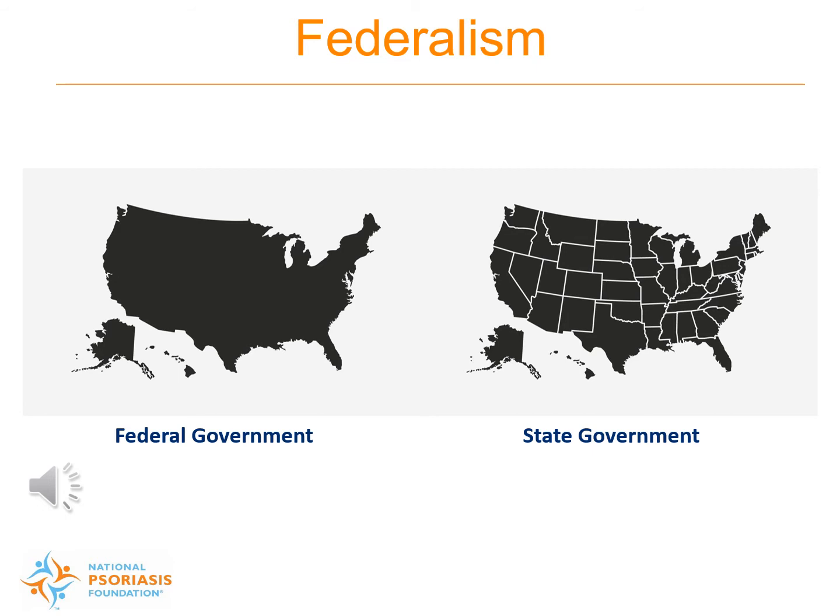There are also exclusive powers that are for just the state governments, and those powers are applied to the individual state through each state's constitution and laws. There are also powers that are held concurrently between the federal government and the state government. Here at NPF, we advocate for changes in healthcare policy at both the federal level and also at the state level.